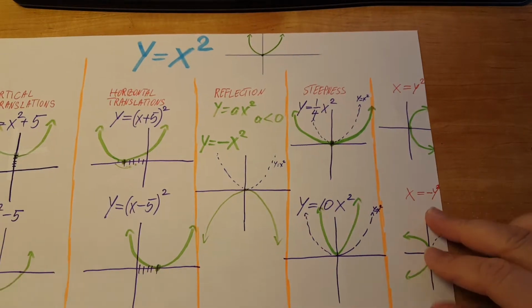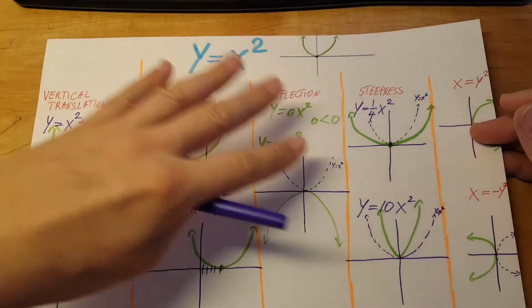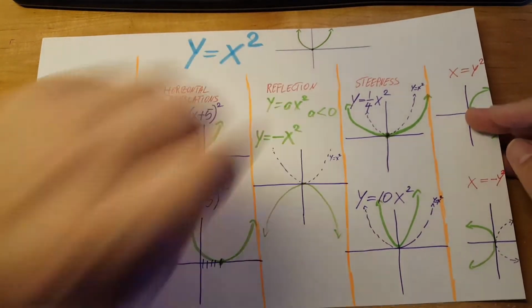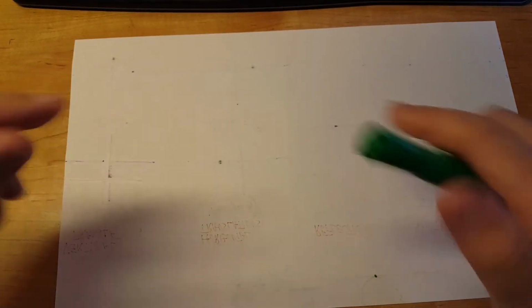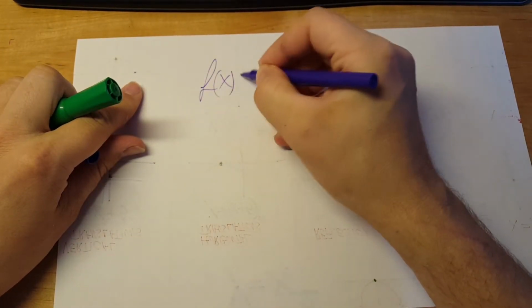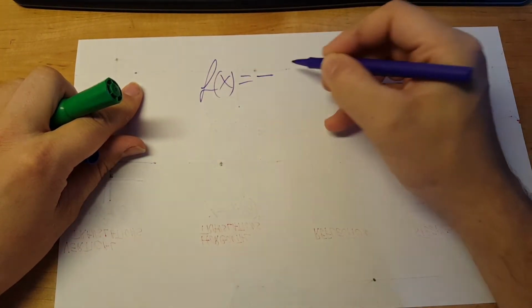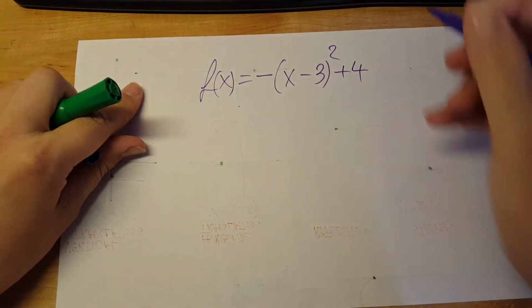Now, real quick, I'm gonna make an example of when we have several of these in one function. One little thing that we need to make note of. Let's see if f(x) equals, let's say, -(x - 3) squared plus 4.